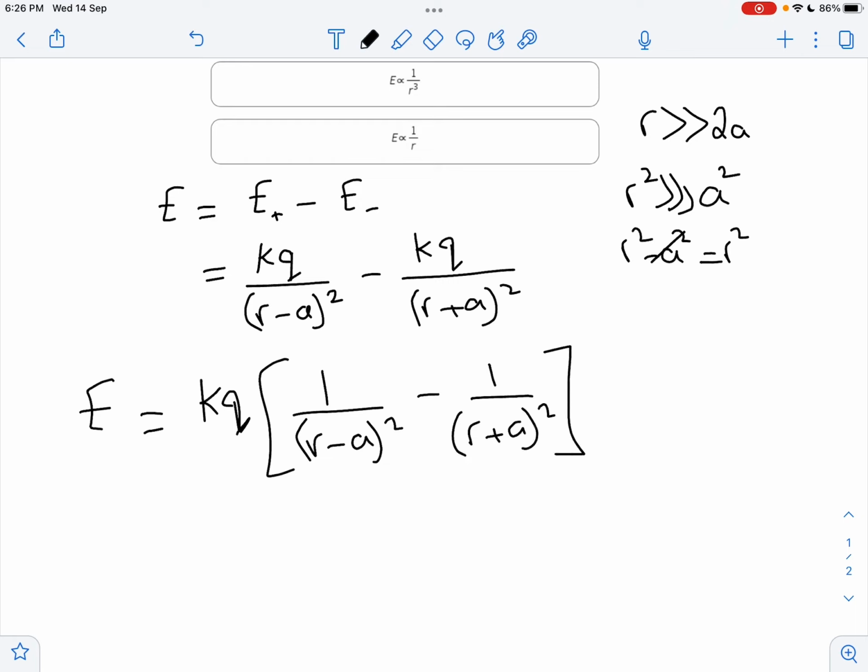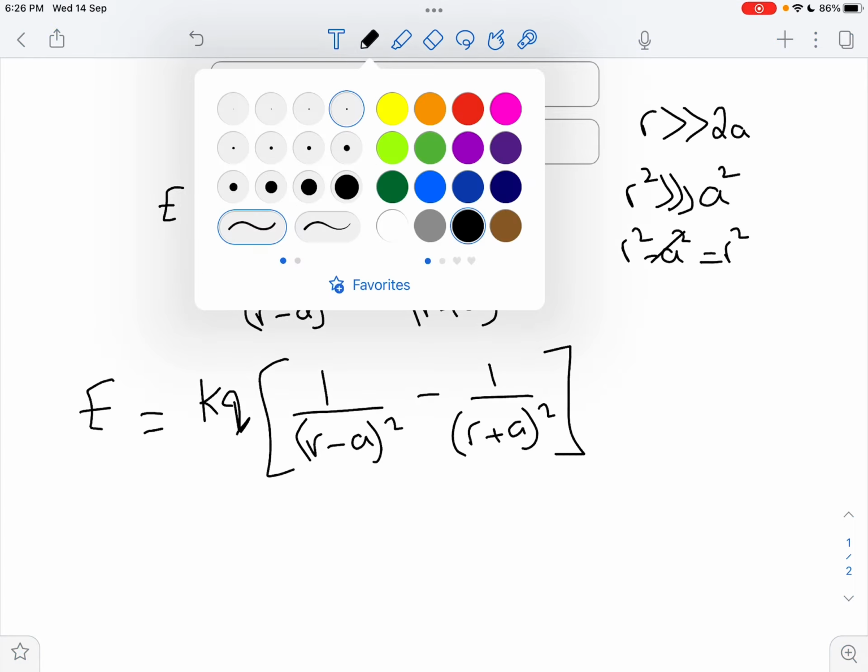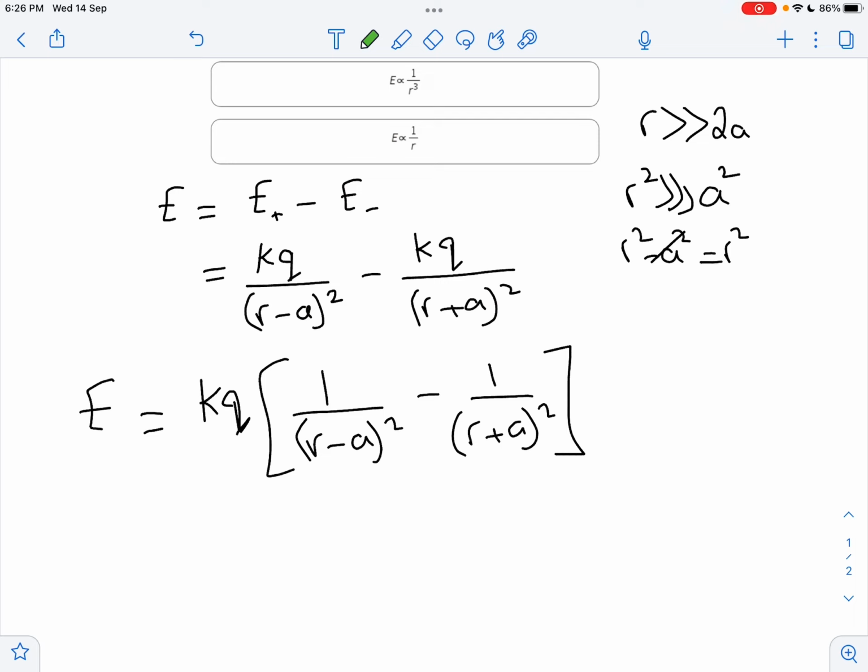So the technique here is to get something similar to r squared and a squared, so that when we subtract them, you will get only r squared. Now, here I'm going to use this trick. Here I can square the 1 and square the 1, nothing will happen to the equation. So it looks like A squared on one side and B squared on the other, and between them is the minus.